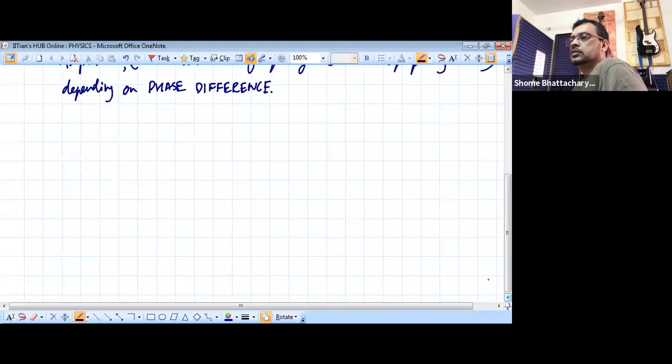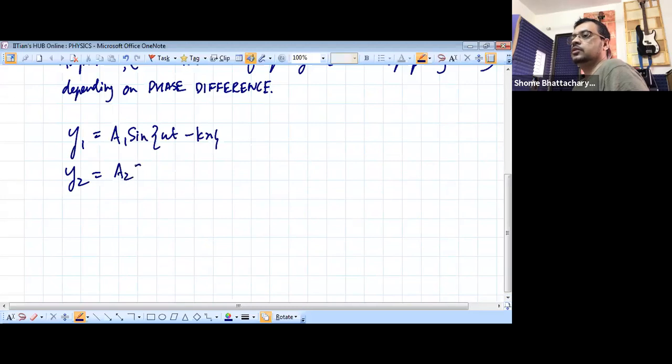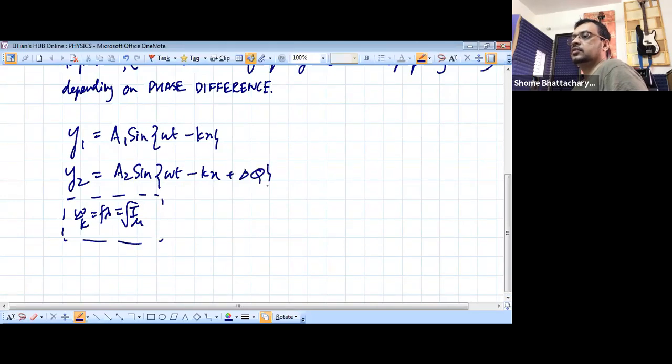So we saw that if we have one wave, then the second wave should be of the same frequency, so the same angular frequency omega, and if their angular frequencies are the same, their angular wave numbers will be the same because they are passing through the same medium. So omega by k or f lambda is the common value, square root T by mu. They are both propagating through the same medium, but there might be some phase difference, delta phi, let's say.